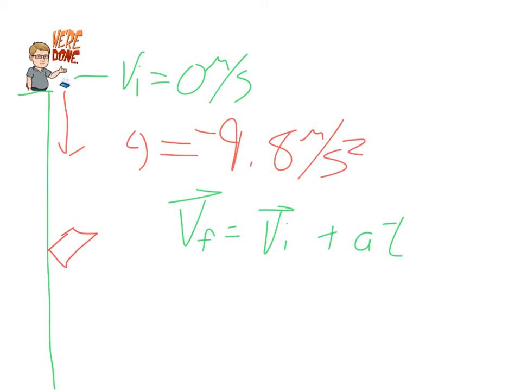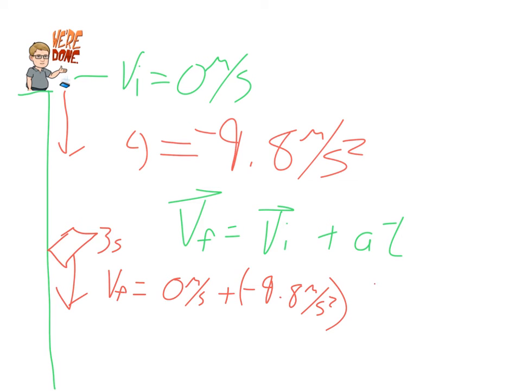So here's my cell phone 3 seconds later, and we want to know its velocity there. Then all we have to do is we go, well, it started at 0 meters per second. We're adding to that a negative 9.8 meters per second squared. And we're going to multiply that by 3 seconds.